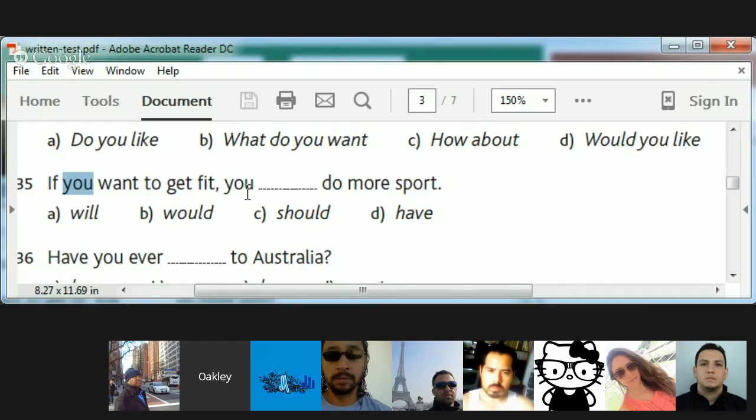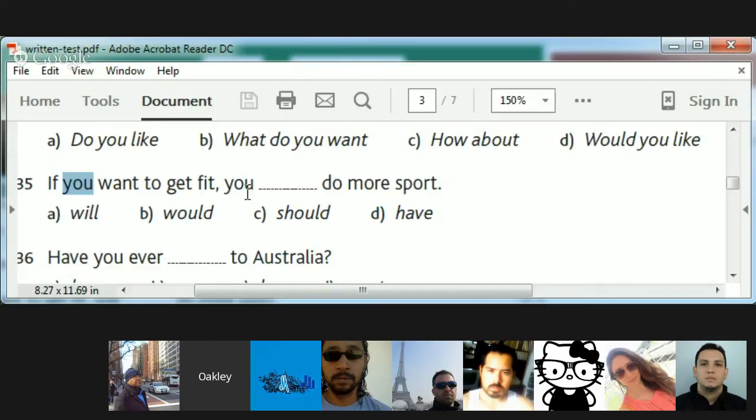You put the eggs in the bowl. But what conditional is that? First conditional is simple present and will. Second conditional is past and would. So it had to be, if I wanted to get fit, I would do more sport. Yeah, you're right about that.